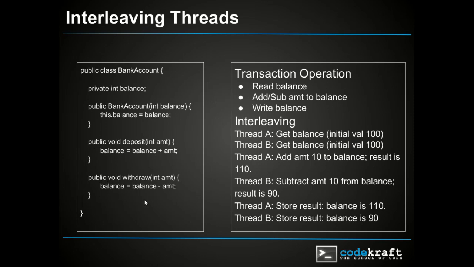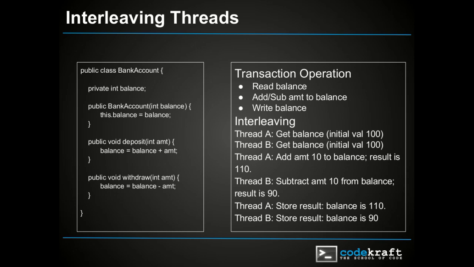Now whenever a thread tries to execute a method that has the synchronized keyword on it, it first tries to obtain a lock associated with that particular object. Every object has this one lock. So the thread will first try to obtain that lock, and if it cannot obtain that lock, it will not be able to enter that method, and it will just wait for the lock to be available.